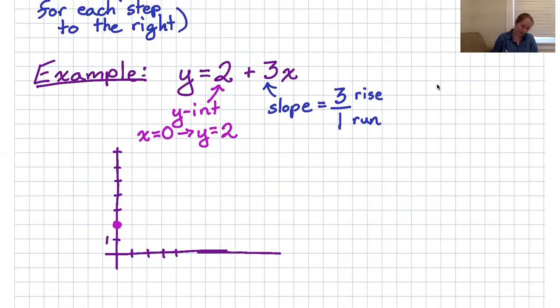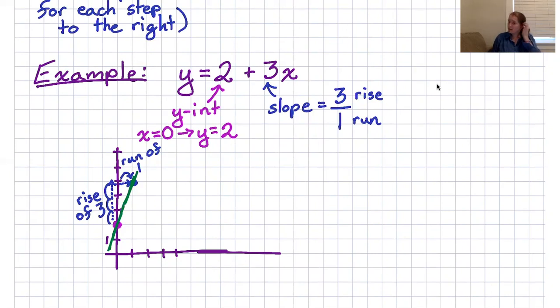So from that point, we will go up 3. So this is our rise of 3. We went 1, 2, 3 up, and a run of 1. And that's our next point. So this is our run of 1. And then our line is the line that connects those. So this is slope-intercept form.